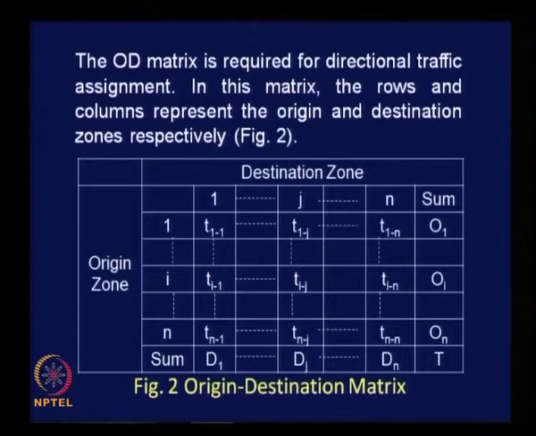T1-2 is the number of trips originating at 1 destined to 2, they are interzonal trips. You may wonder, why should we bother about intrazonal trips? Are we really interested in intrazonal trips? Because right from the beginning we understood trip as a movement between zone centroids.